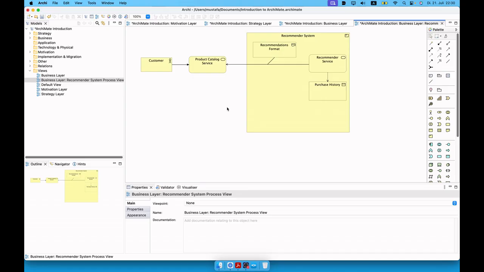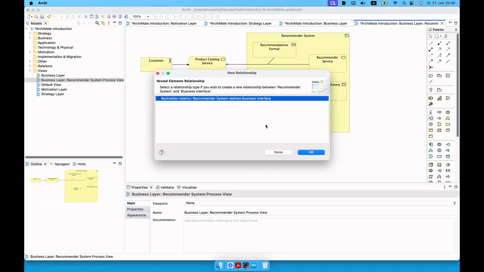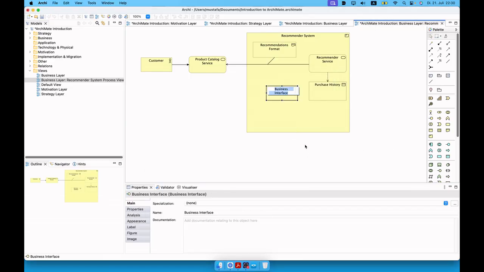One of the annotations that we have not covered so far is the interface. This is also again one of the ways to communicate between systems. We could make this interface here. So a business interface.